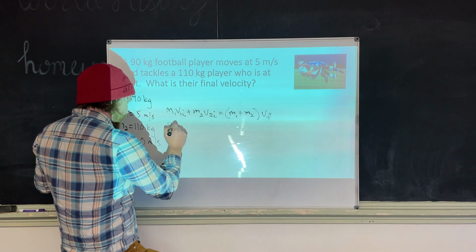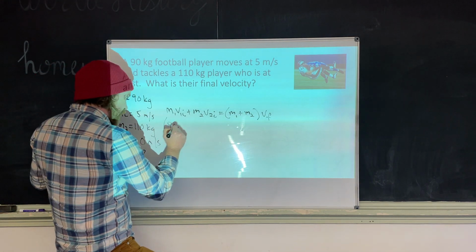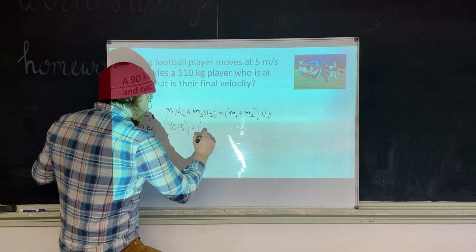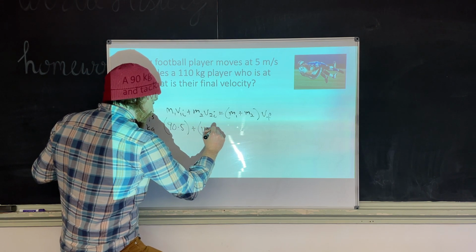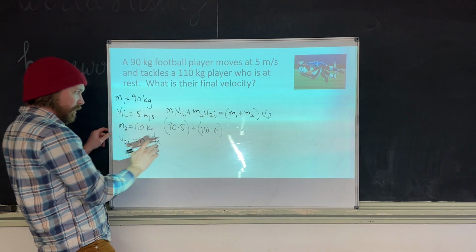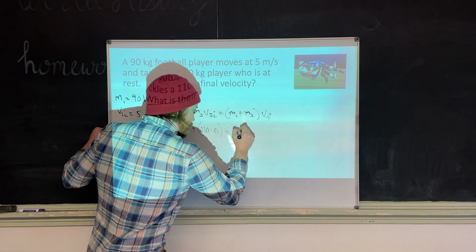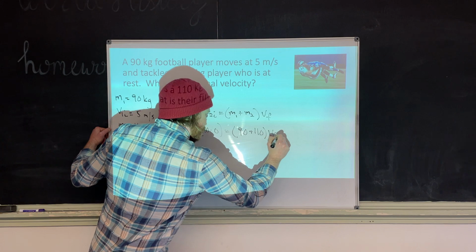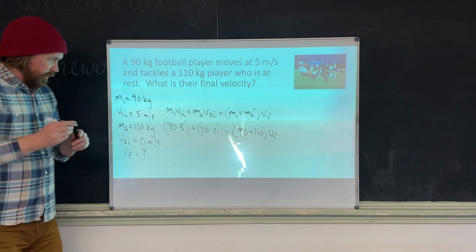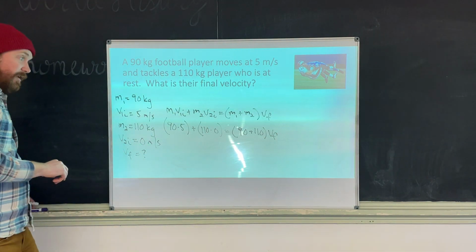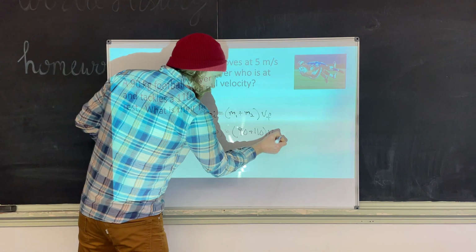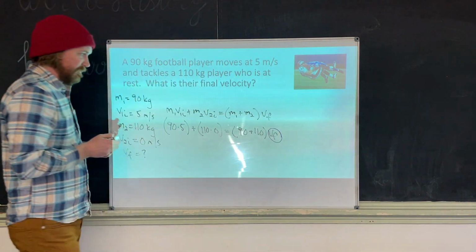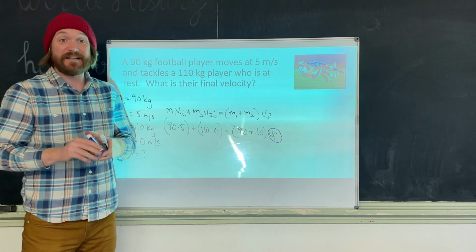M1 is 90 times their initial velocity, which is 5, plus M2, which is 110, times their initial velocity, which is 0, which equals their masses combined, which is 90 plus 110 times the final velocity. Now you know you're on the right track because we only have one variable here, which is great. We got that VF. So we're trying to get that bad boy by itself.